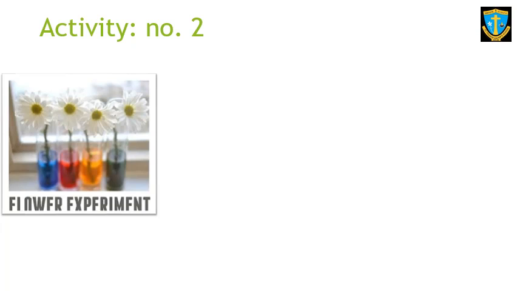You can try activity number 2 from your textbook, the flower experiment. You have to take a white flower and put it into a glass of colored solution. You can take food colors for this. You can try this out. The activity is present in your book.